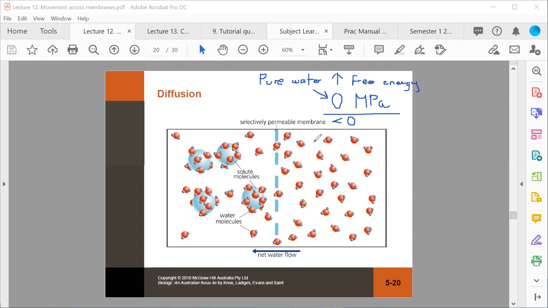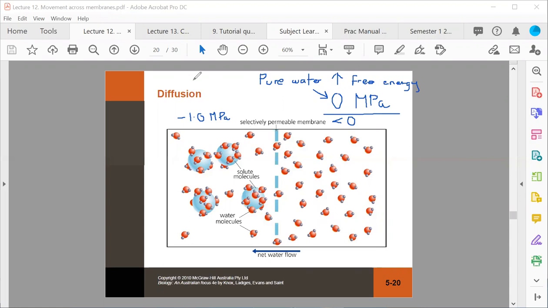So whereas we've got a free energy value of 0 megapascals on this side, the free energy of water molecules on this side of the membrane might be something like negative 1.0 megapascals. So that's lower free energy on that side.